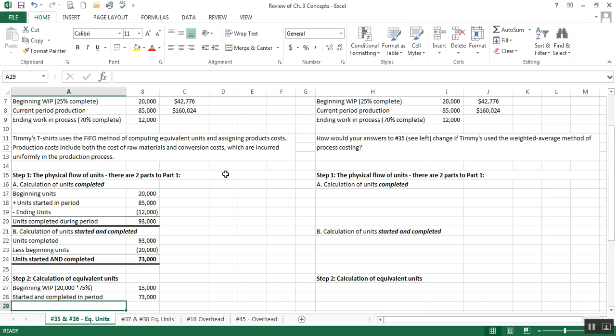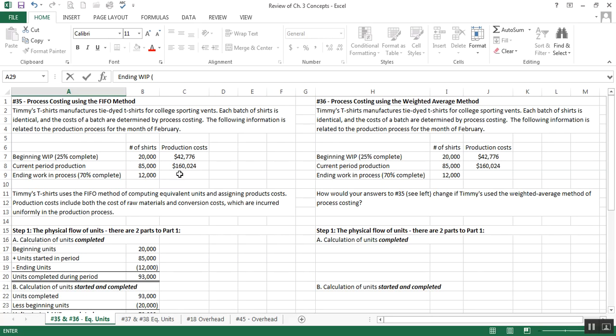And then finally, we're going to calculate our ending WIP equivalent units, which is going to be the 12,000 units times what we completed during the period. Because this is ending work in process, we know that we completed 70% of this during this period. So we're going to multiply it by 70%.